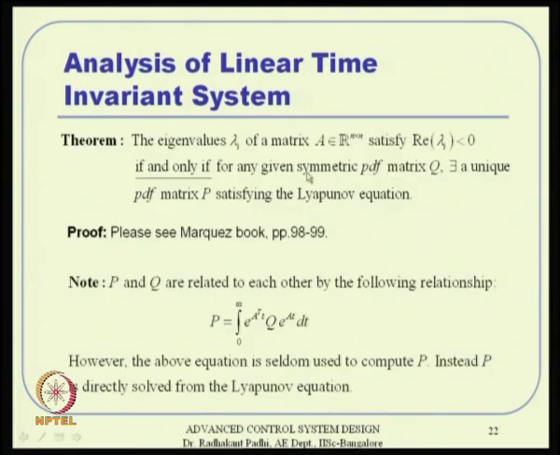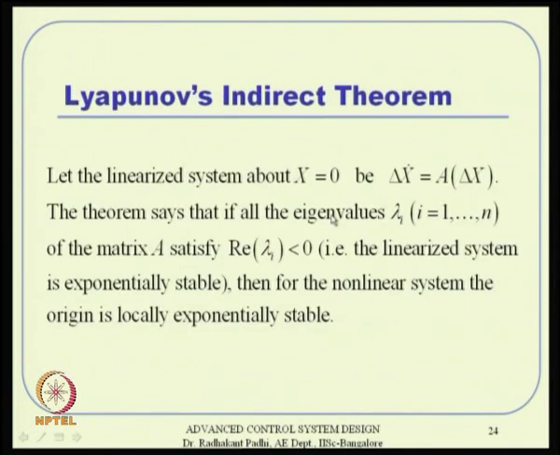Then this theorem is all about what we discussed, and this relationship is there, but we hardly worry about that. You can think of it as some sort of validation check. And then there is the indirect theorem, which tells us that if the linearized system is stable about the equilibrium point, then the nonlinear system is also stable, in an exponential manner, about the same equilibrium point, but the stability domain can be small.